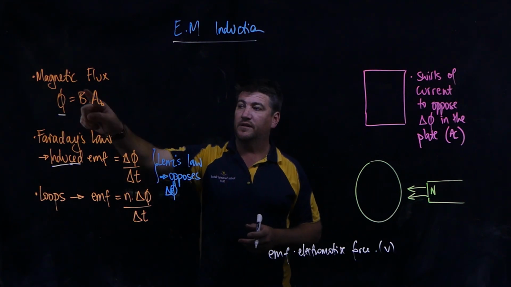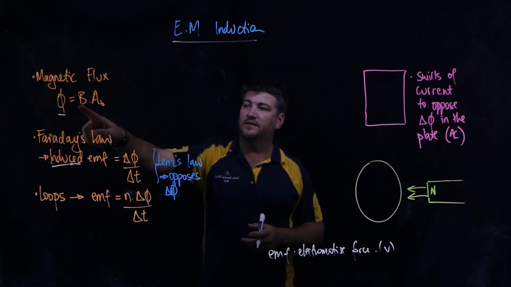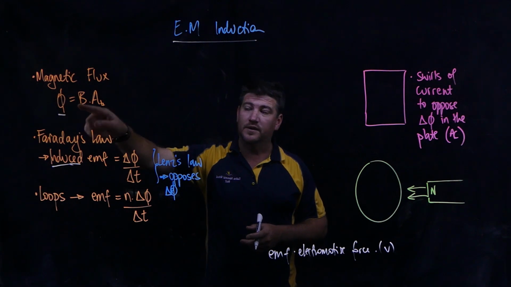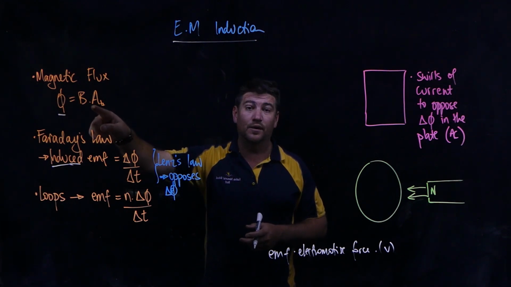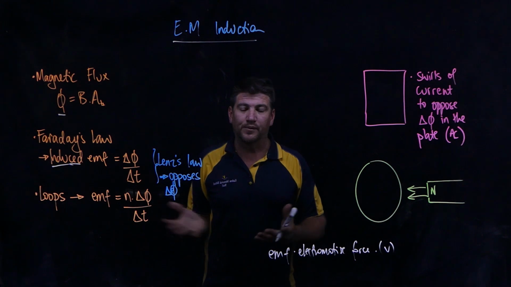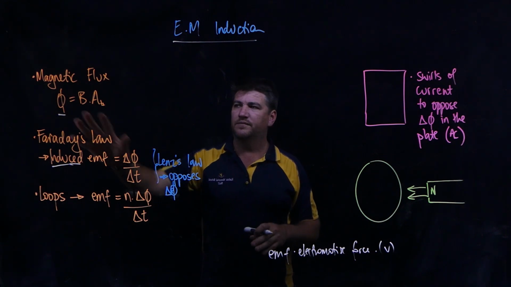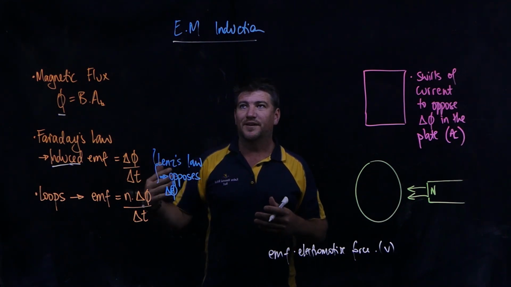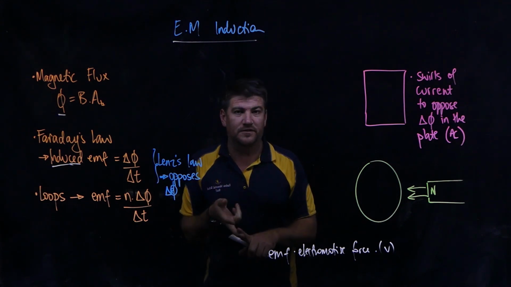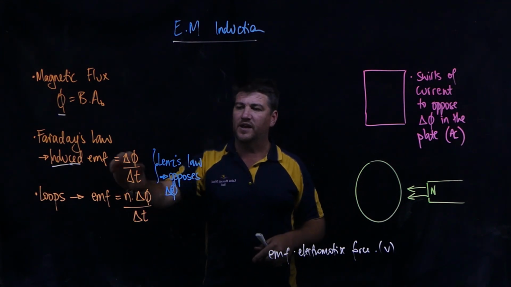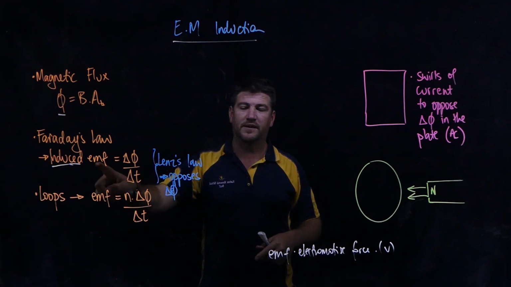So if we get our magnetic flux, which is this guy up here, and we change either the magnetic field strength over time, or we change the area that it's in over time, so we basically make a magnet move. If we change the strength, the size, or the direction, we're changing the flux. So if we can do any of those things over time, we're going to generate an EMF.